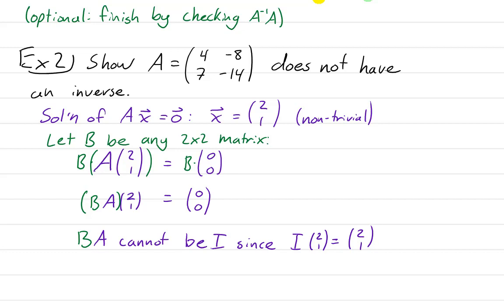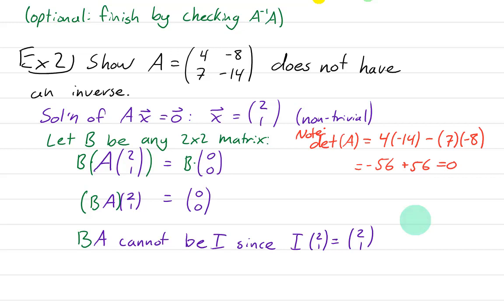Something else I want to notice here is that if you're familiar with the determinant of a 2x2 matrix, from Calculus 3 maybe, you'll notice that the determinant of this is 4 times -14 minus 7 times -8, which is -56 plus 56.